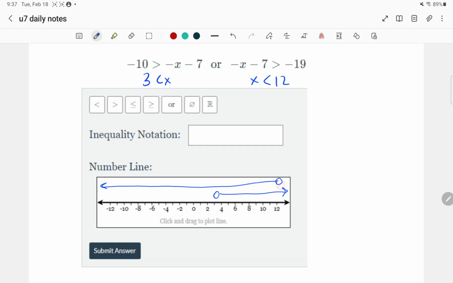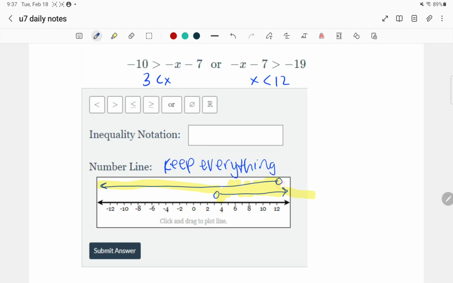Okay. I overlap, so if I had an and statement, then I would only be keeping this piece. But I have an or statement, so I keep everything. But everything, in this case, is literally everything.